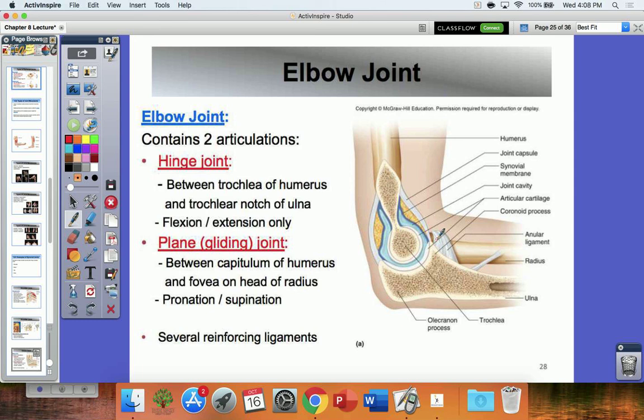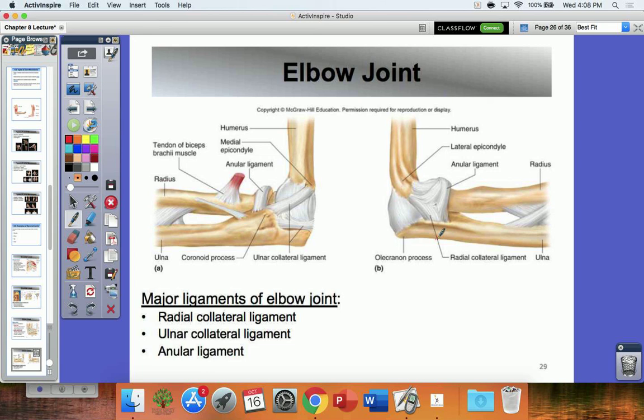And so I'm going to show you the ligaments that help to reinforce this joint. Again, like I said, they look a bit complex if you just look at the name, but if you think about what bones are there, you should be able to identify that this is part of the elbow joint. For instance, we have our radial collateral ligament.